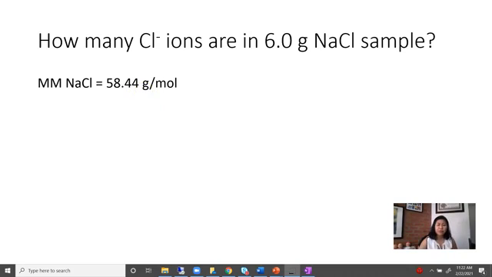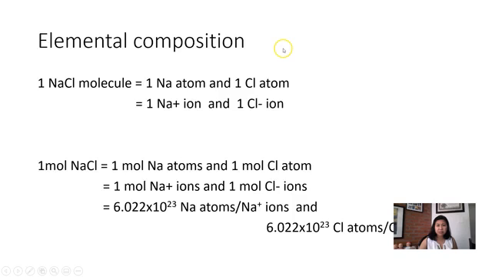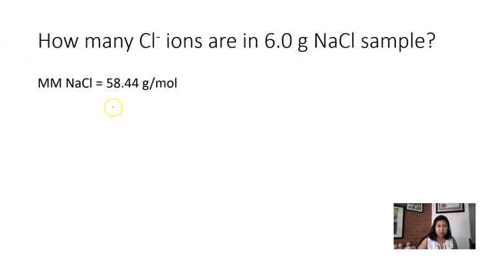So remember your concept map here, guys. So we are given mass, grams. You're asked to convert it into individual particles. In this case, how many ions present? So let me just change that to particles. And in particular, we're dealing with how many ions are present.